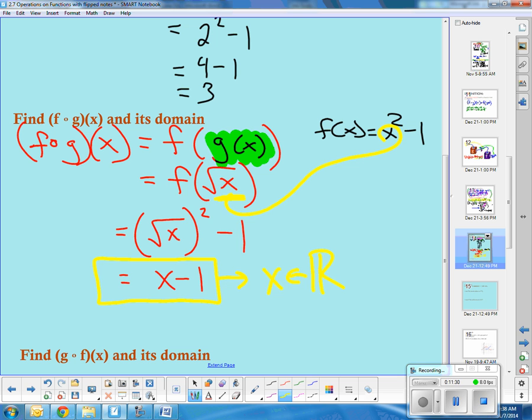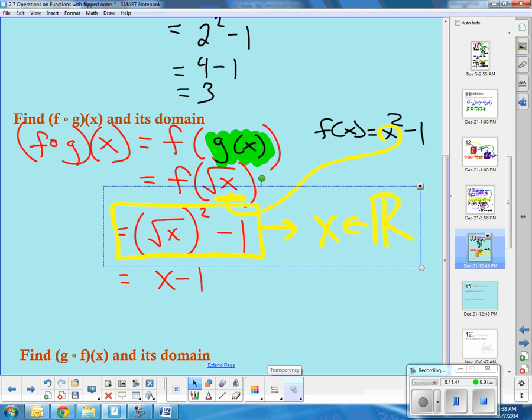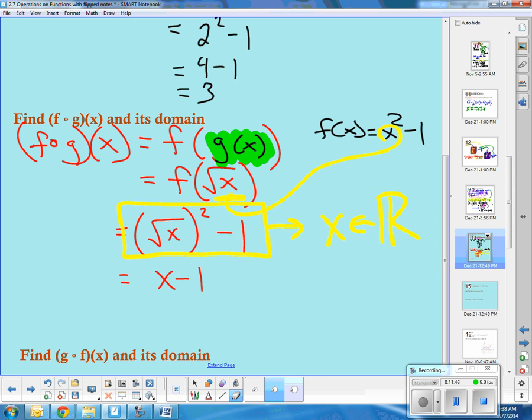What I need to do when finding the domain of a composite function is I need to not look here at the simplified version of the function. I need to go up one step and consider the domain pre-simplification.